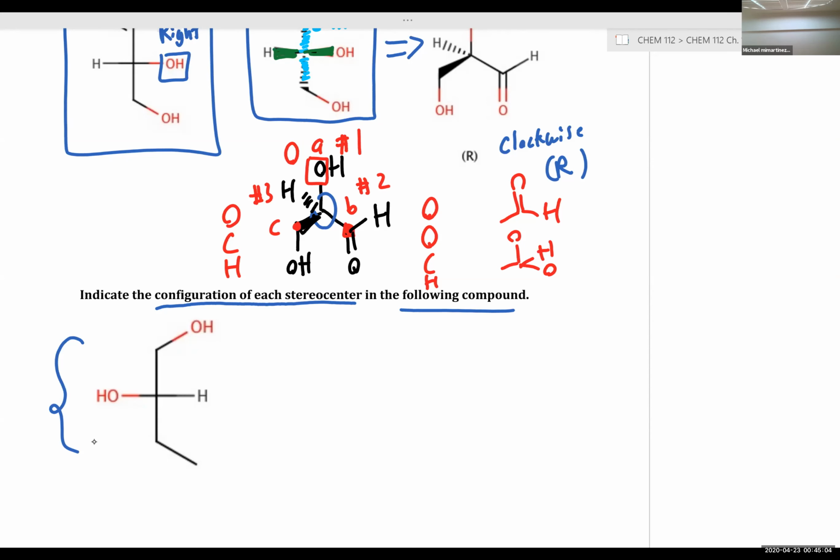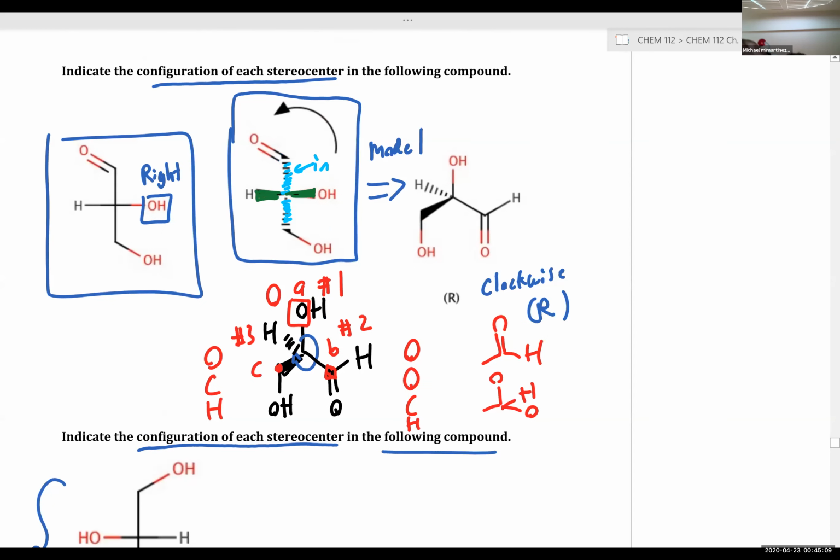Exactly right. So just as a refresher, from our Fischer projection, we established our OH and hydrogen are pointing out of the page, our aldehyde and our methylene group are pointing into the page. We then carefully rotate our molecule to put the hydrogen in the back.